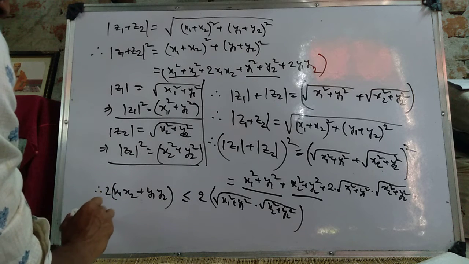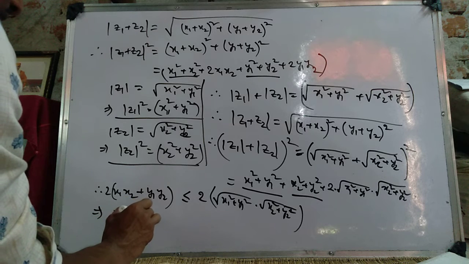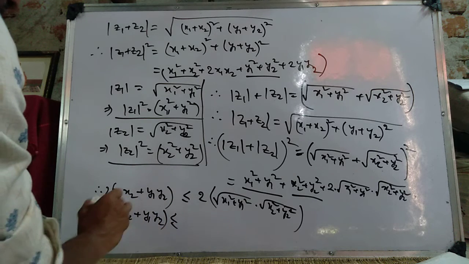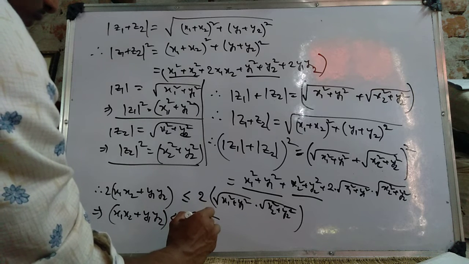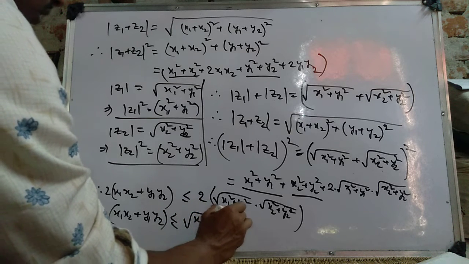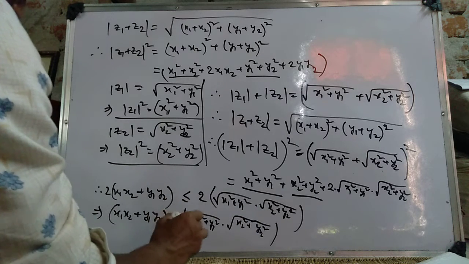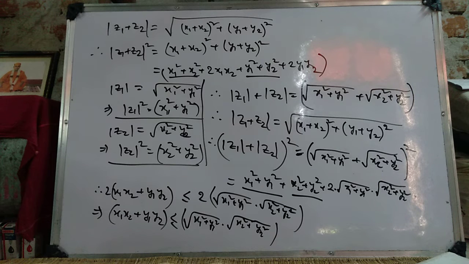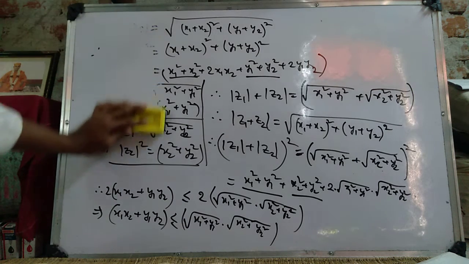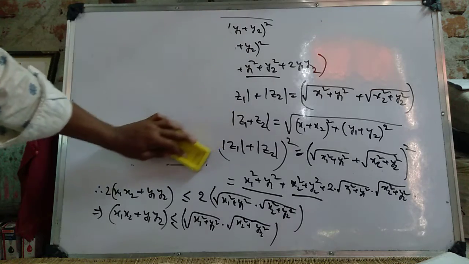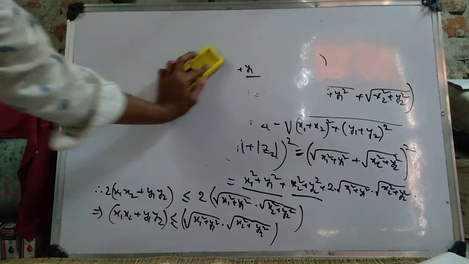We get x1 x2 plus y1 y2 less than or equal to square root of x1 square plus y1 square times x2 square plus y2 square. So, if we prove this one, then this one is right. Okay, so it is our portion, and we go forward with the discussion about that.